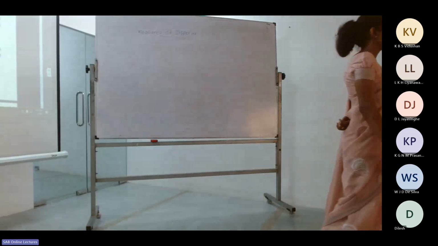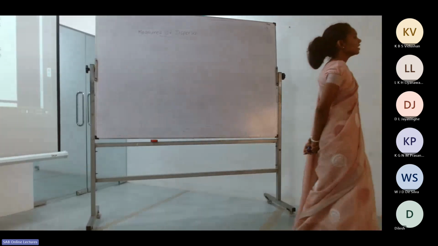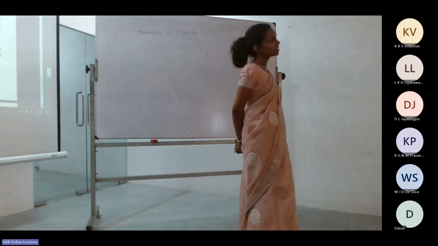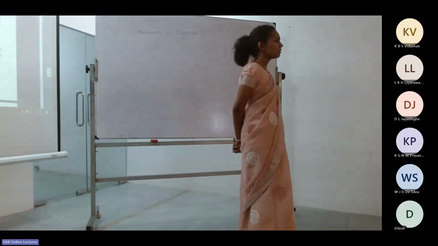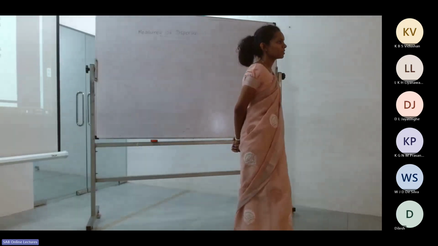Using the coefficient of variation, we can do the comparison between two or more groups. Clear? If we want to do a comparison of which group is more consistent and which has more variability, we use the CV value, the coefficient of variation.